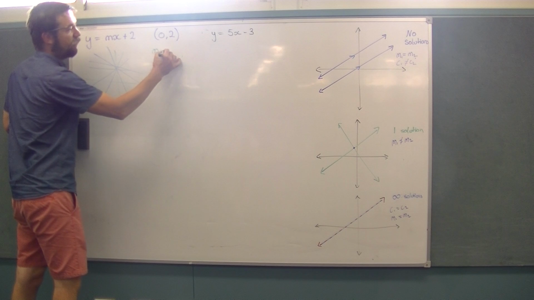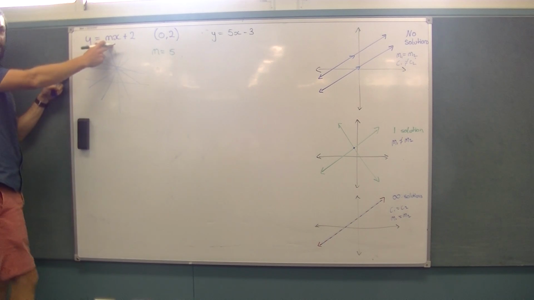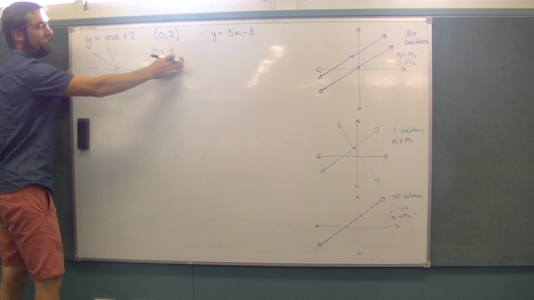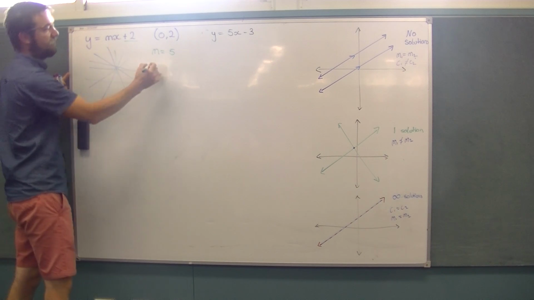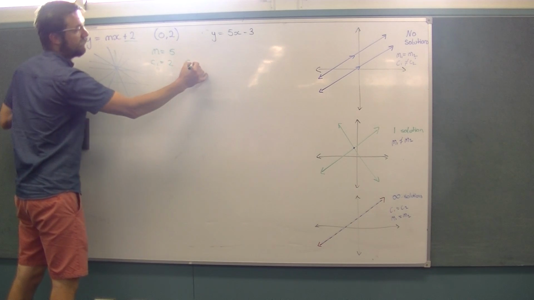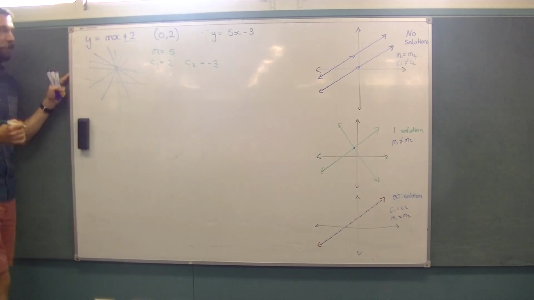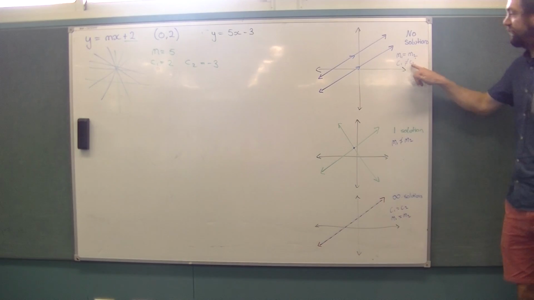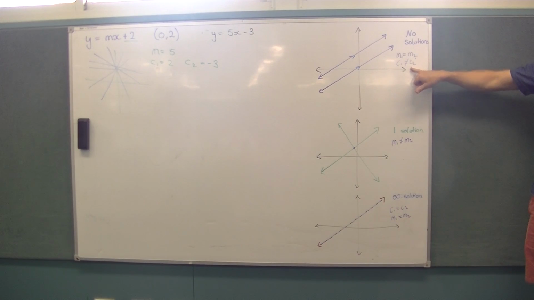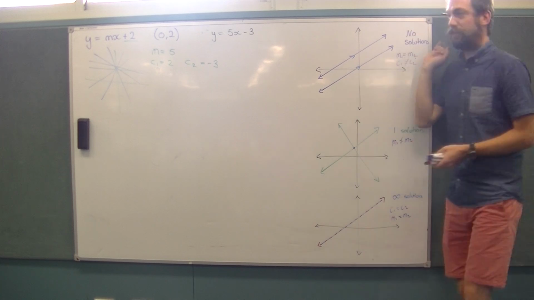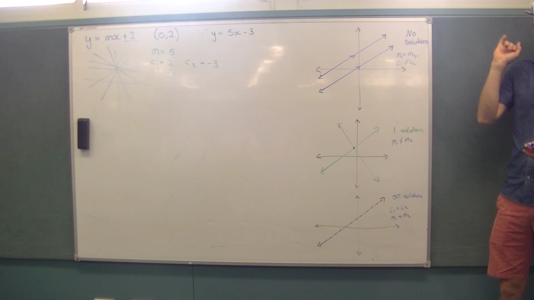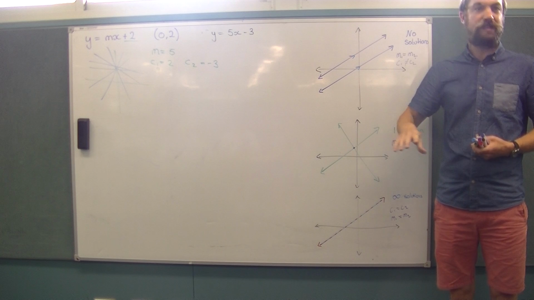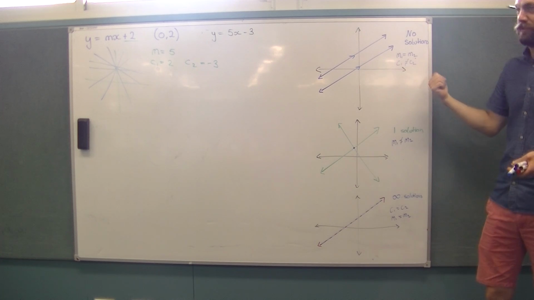So if m equaled 5, you would be looking at the y-intercepts, and you would see that c1 equals 2, c2 equals minus 3. So the 2 lines have the same gradient but different y-intercepts, therefore the 2 lines are parallel and there are no solutions. That's pretty straightforward, isn't it? If the gradients are the same and the y-intercepts are different, there are no solutions.